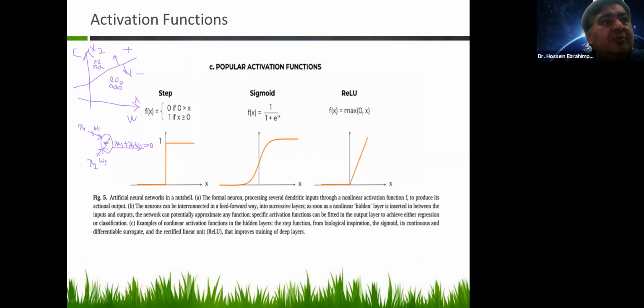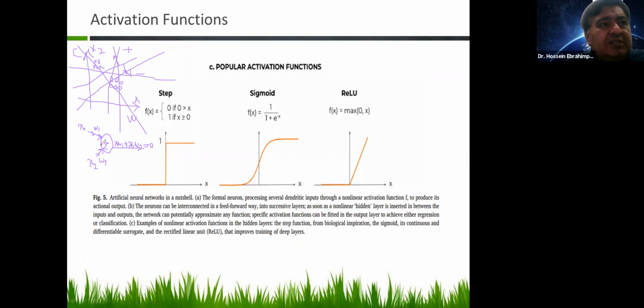And what will happen if the neuron does the wrong thing and has this line? Then you need to change the weights toward the direction that gets better results. So if you have different weights, you will have different lines.